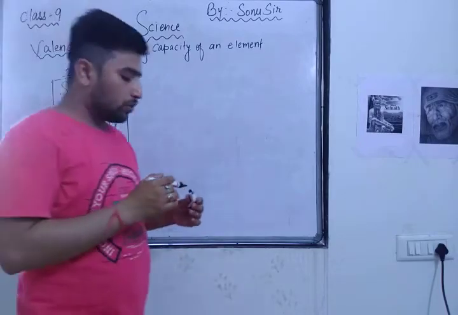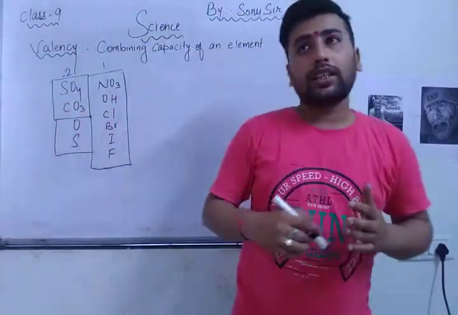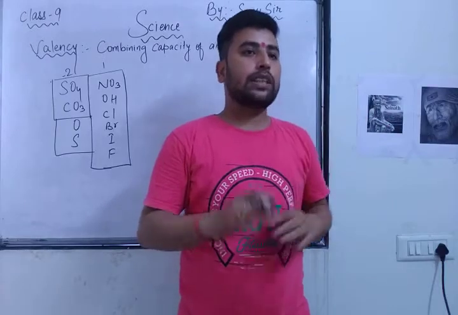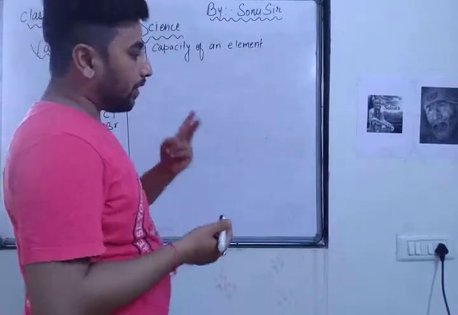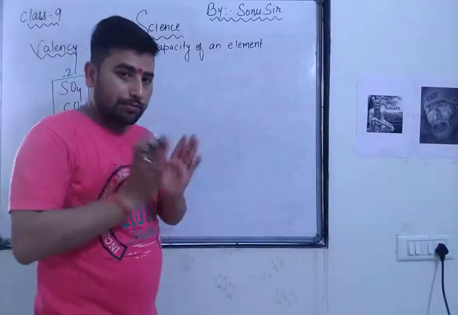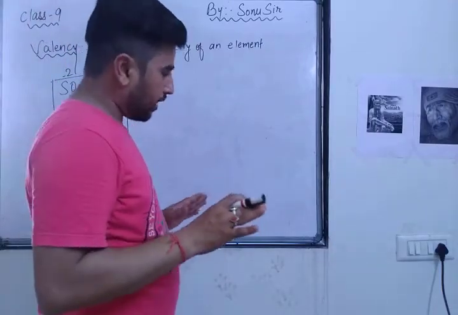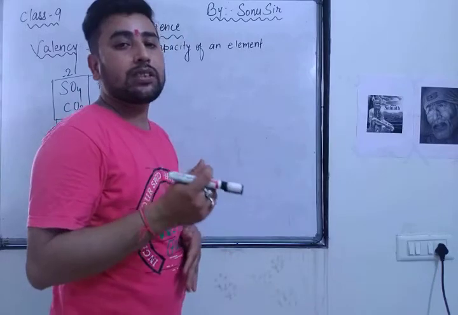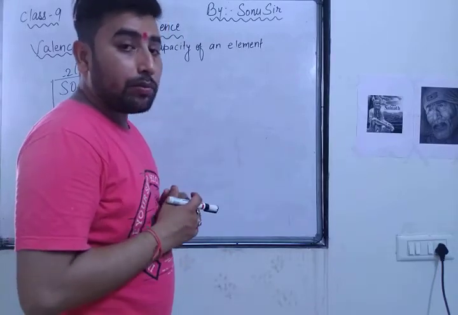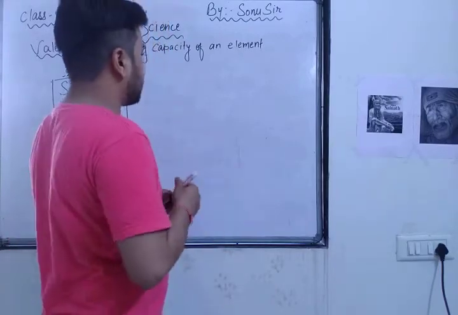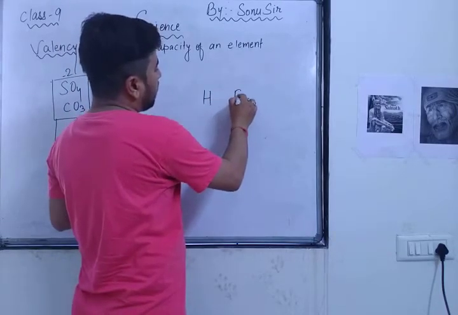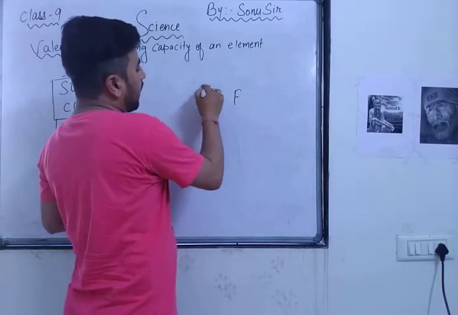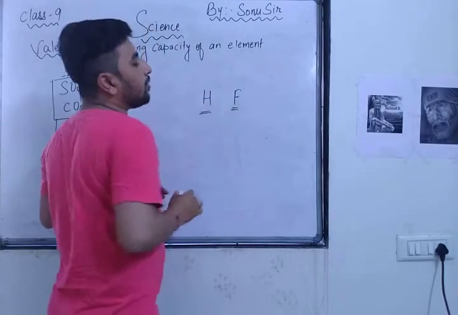If I want you to write the name of a compound, whenever any two elements combine, their last word must be IDE. What will be their last word? IDE. For example, just suppose hydrogen is there and fluorine is there. What is the name of this element? Hydrogen. And this element? Fluorine.